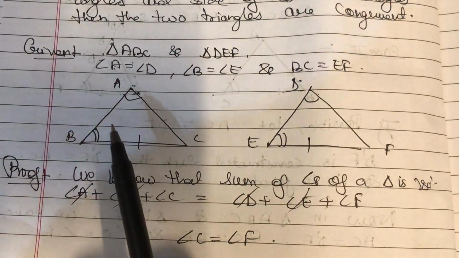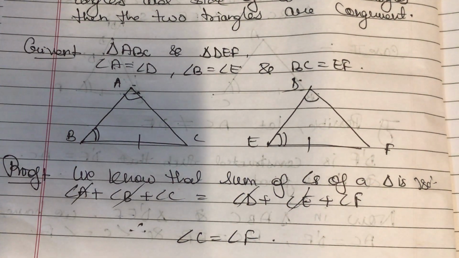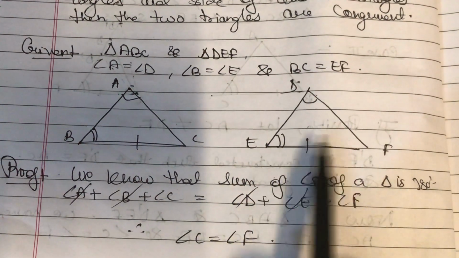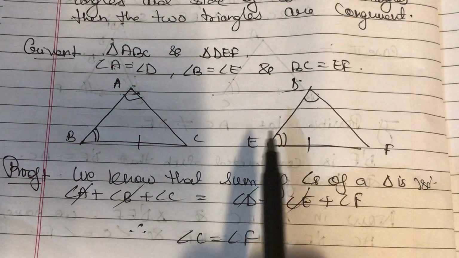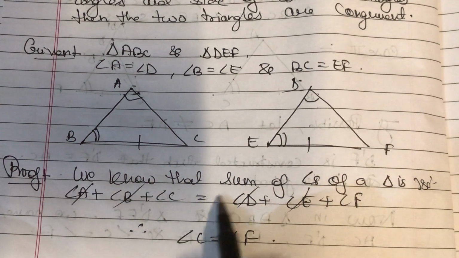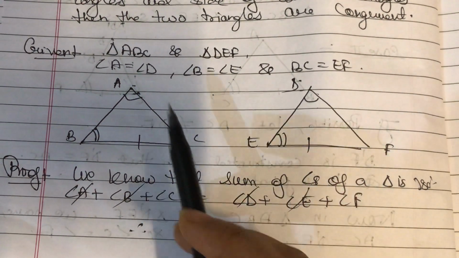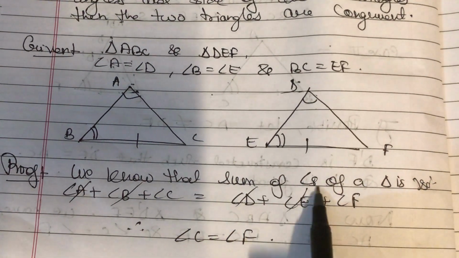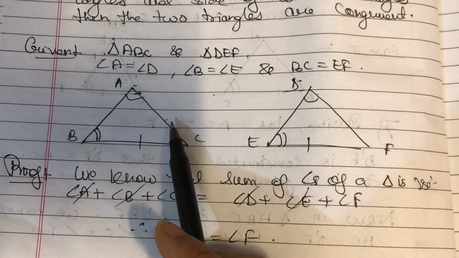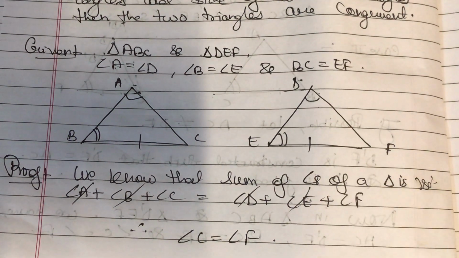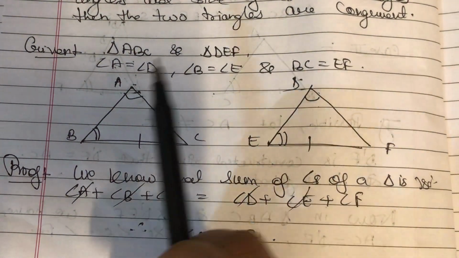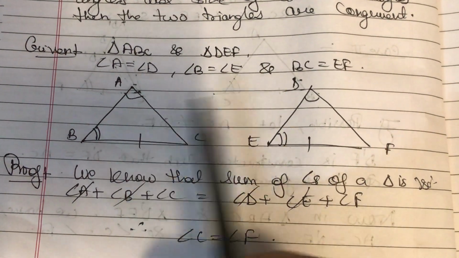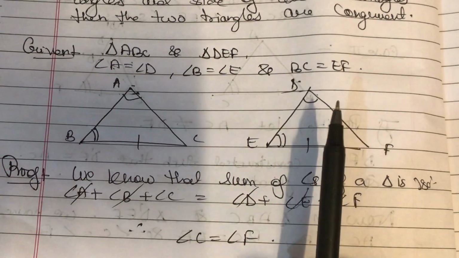Now we know that in a triangle, sum of angles is 180. So A plus B plus C is 180, D plus E plus F is 180. That means I can say that A plus B plus C is equal to D plus E plus F. Now since A is equal to D, I can cancel out, B is equal to E, I can cancel out this also. So from here I got that angle C equals angle F. Now using angle side angle property, can I say that both the triangles are congruent?